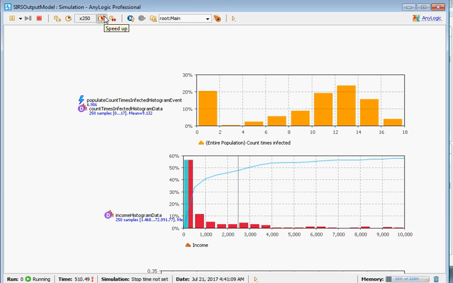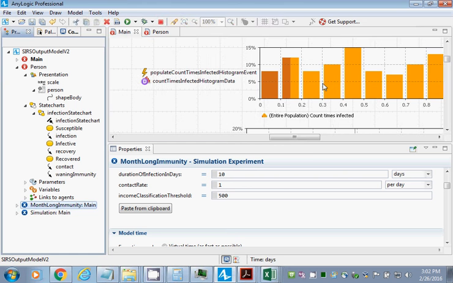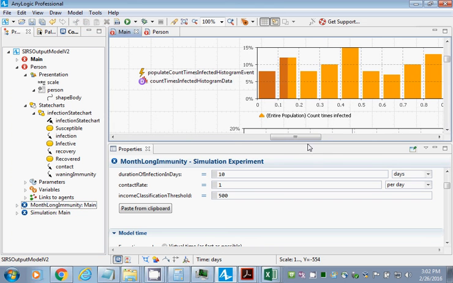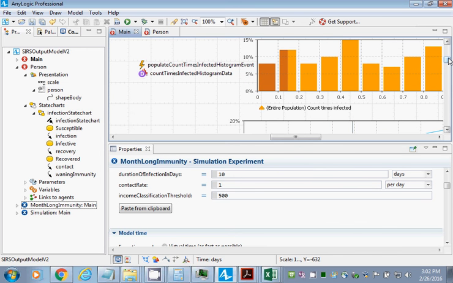Ready? Okay, take this histogram data object and I'd like you to copy it twice. So copy it, and then paste it once, and paste it twice.